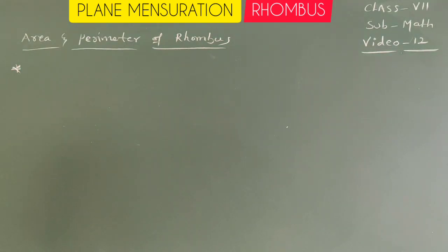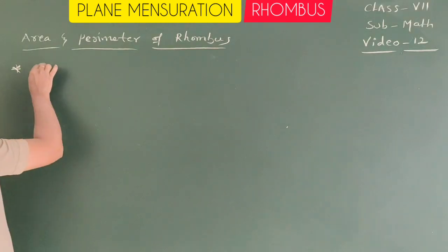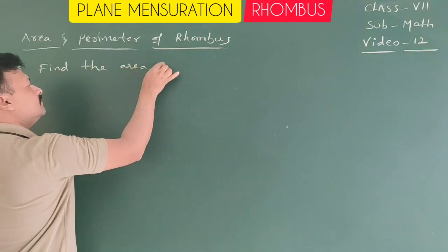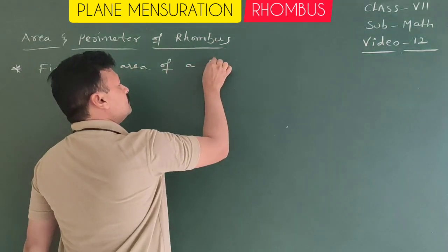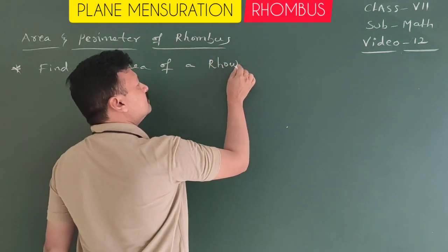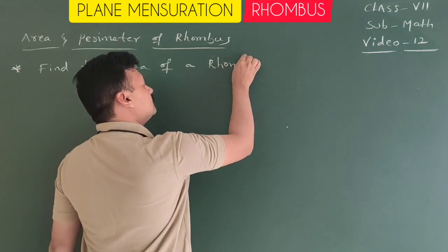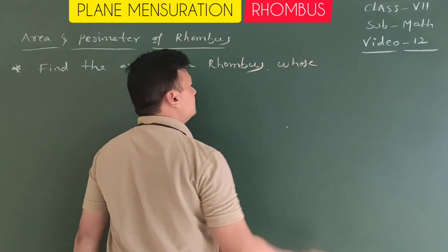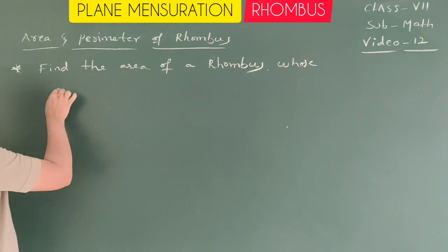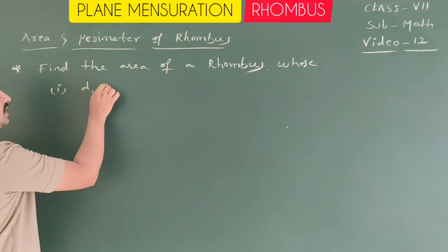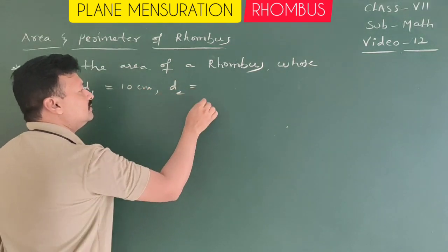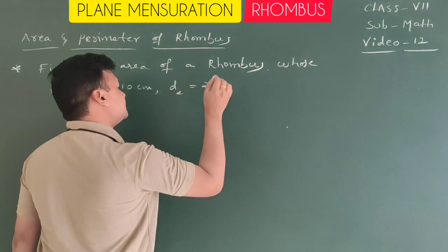The first problem is to find the area of a rhombus whose diagonals are d1 10 centimeters, d2 25 centimeters.